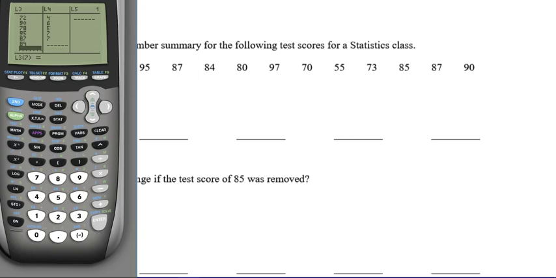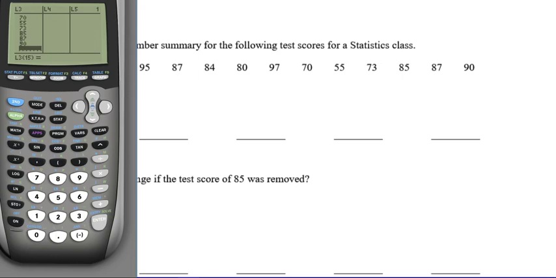I got all the numbers so far. 78, 95, 87, 84, 80, 97. I'm double checking them as I go. 70, 55, 73, 85, 87, and 90.